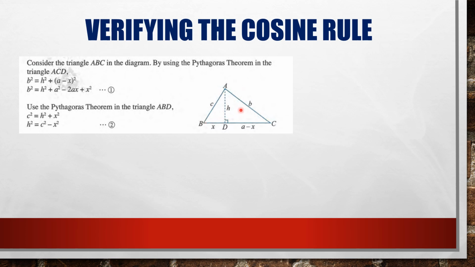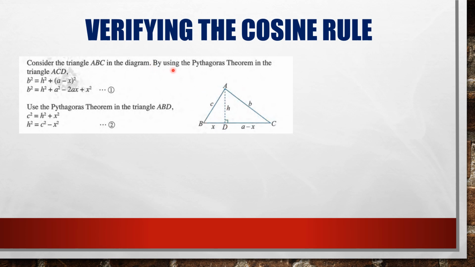Angle B, the opposite side will be b. Angle C, the opposite side will be c. In this triangle, when we draw the height, the triangle is divided into two right angle triangles, that is ACD and ABD.